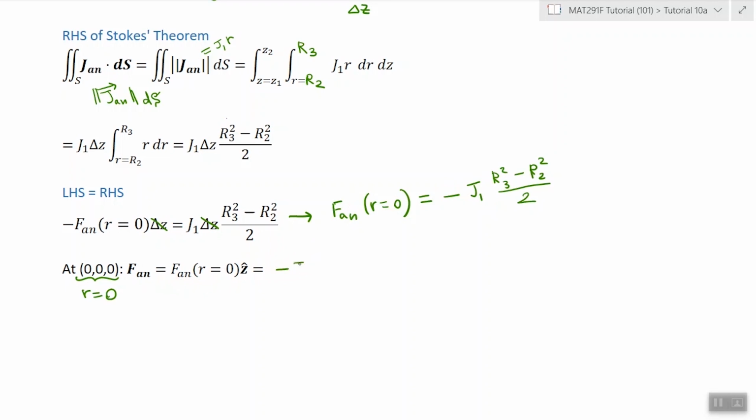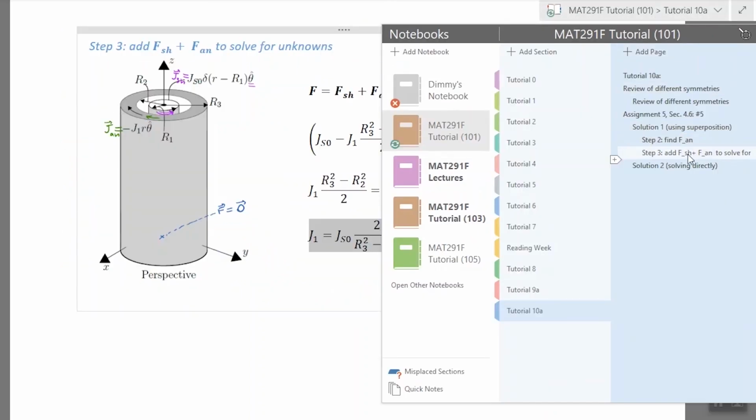So plugging it in, we get J1 times R3 squared minus R2 squared over 2. So this is the field from the annulus. And we already found the field from the sheet. On the next page, I copied the two fields and added them together. Let me show you what I got.